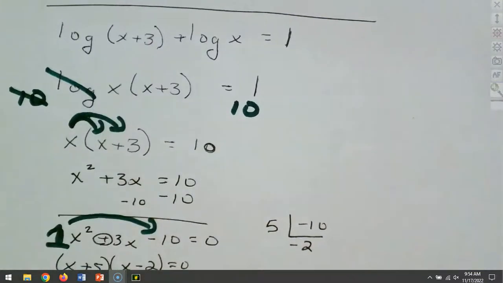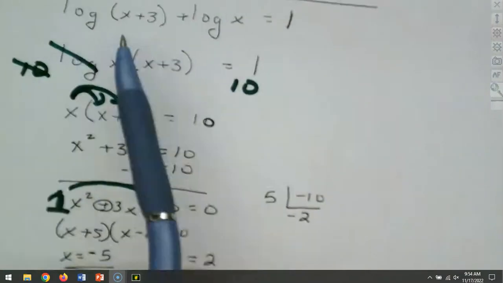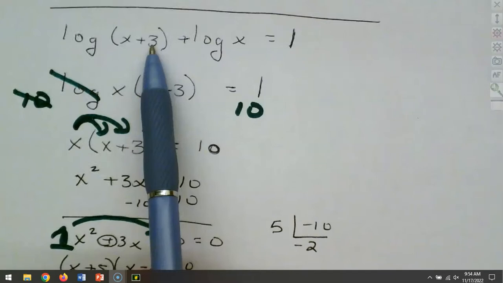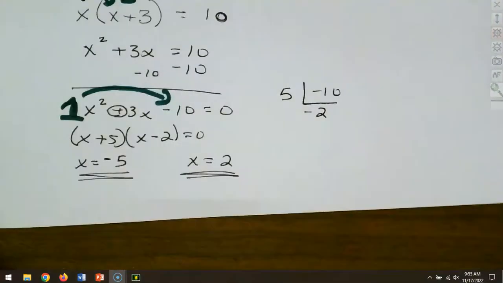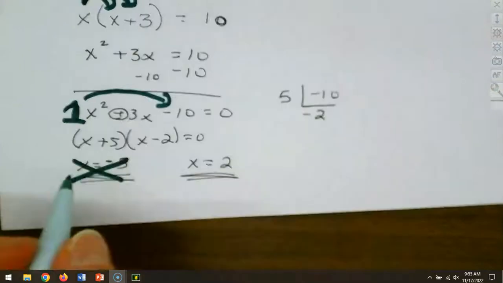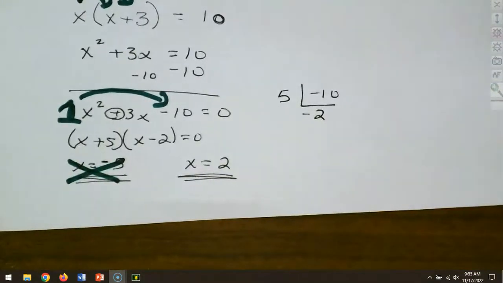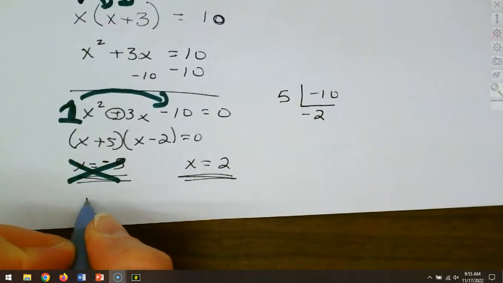If I try to plug in negative 5, one of our possible solutions, negative 5 plus 3 makes it negative 2. Can we take a log of negative 2? No. So we got two solutions, but that one won't work. Why won't it work? It would give you a negative number inside the logarithm.